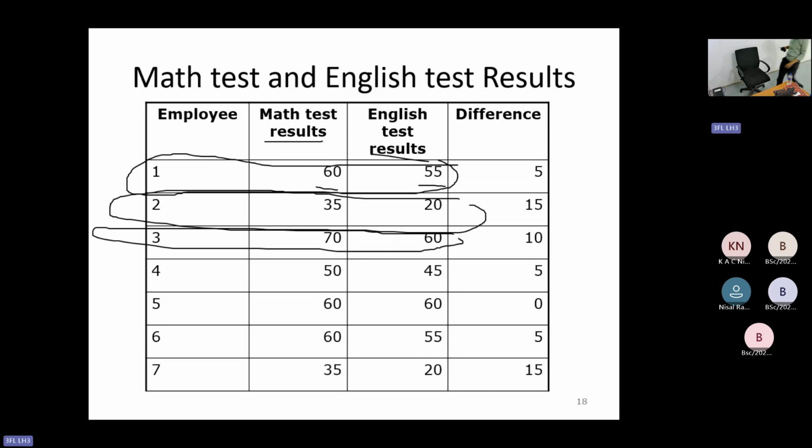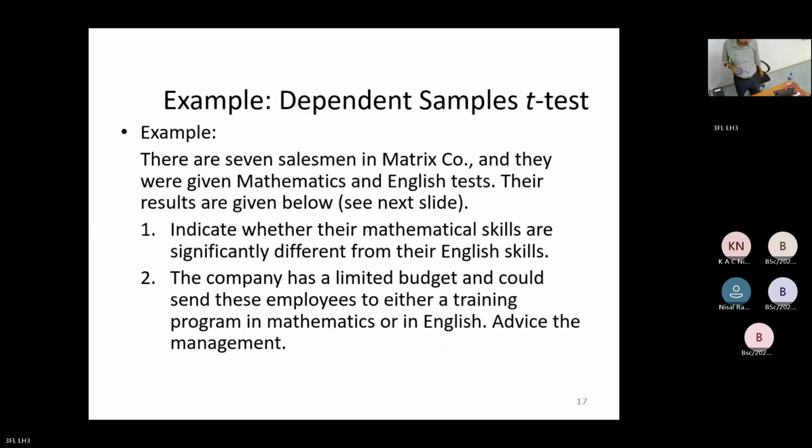So this is the example that we are going to see. It is a hypothetical company, Matrix Corporation. There are 7 salespeople in Matrix Corporation, and they were given mathematics and English tests. The same employees were given mathematics and English tests, right?